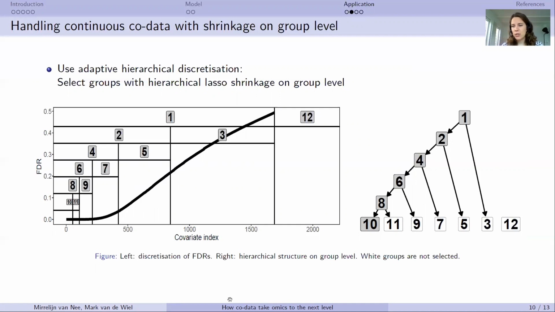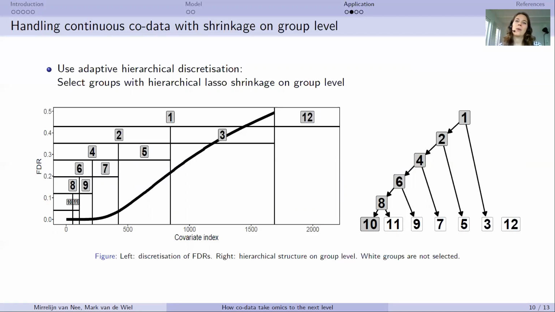So I have some figures here illustrating it, but the idea is that we have a continuous false discovery rate, and we suspect that covariates with a low FDR are probably more important for the prediction, but we don't know how low is low, and is that cutoff really clear or is it more smooth?